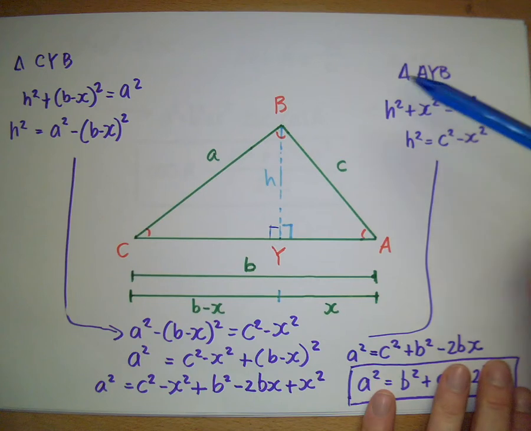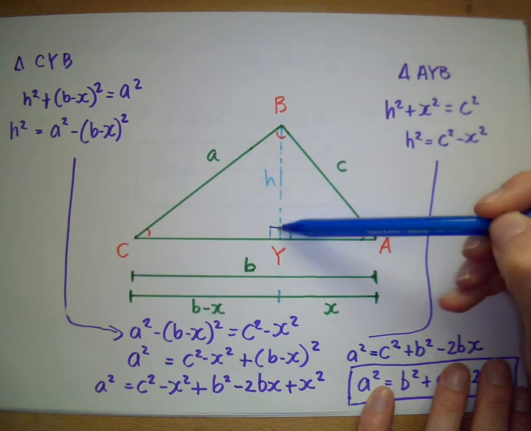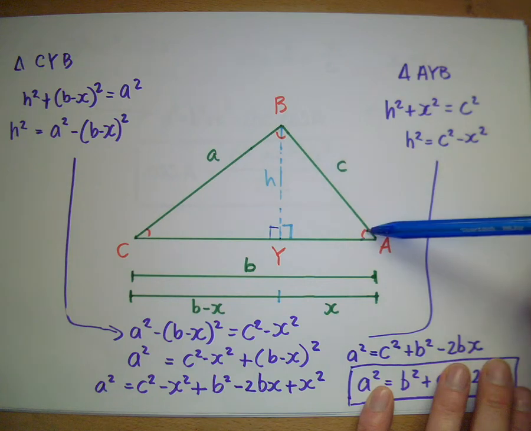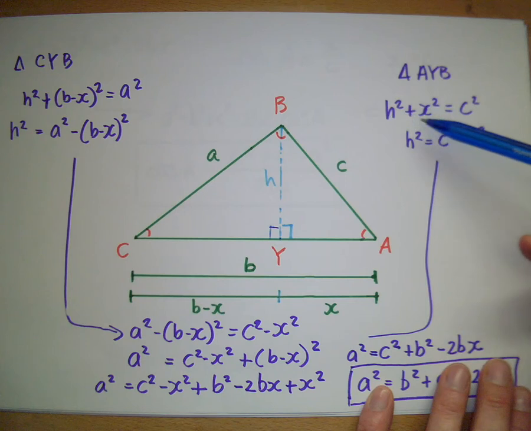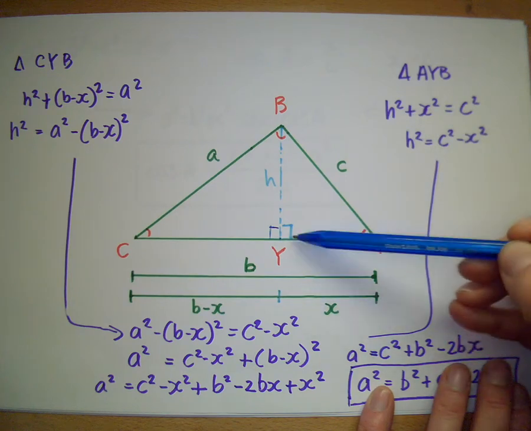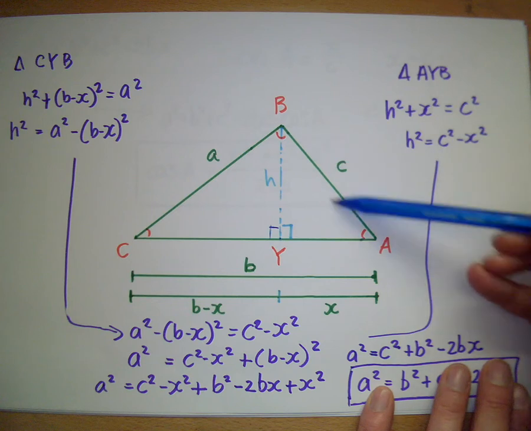Then I'm going to look at the smaller triangle. Again, this side squared plus this side squared equals this side squared. That's the Pythagorean theorem. So h squared plus this side squared, which is x squared, equals c squared.